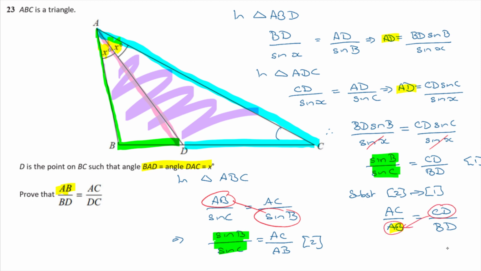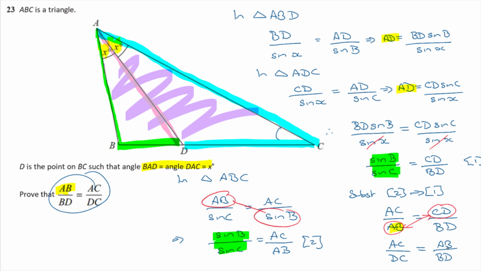Okay, I'm going to switch these two around, and I'm going to say then that AC over, well, I wrote CD, they've got DC in there, so I'm just going to rewrite those letters as DC rather than CD. Doesn't matter which way around I write them, and that is equal to AB over BD. Okay, and that's what we've got over here. AB over BD is equal to AC over DC.